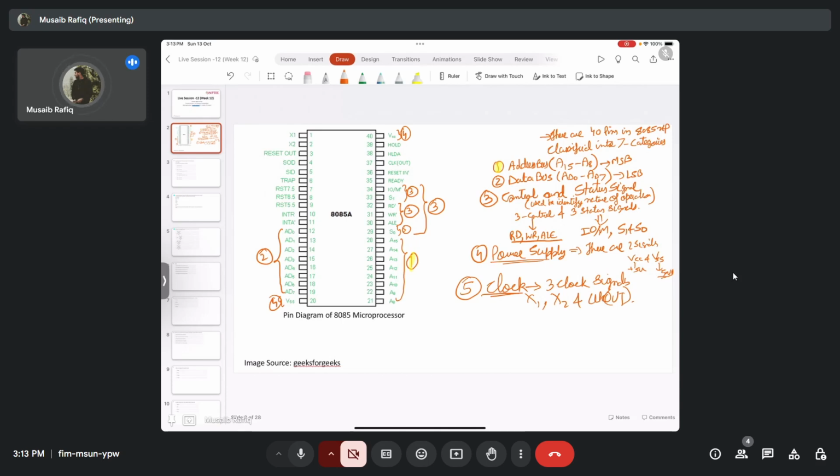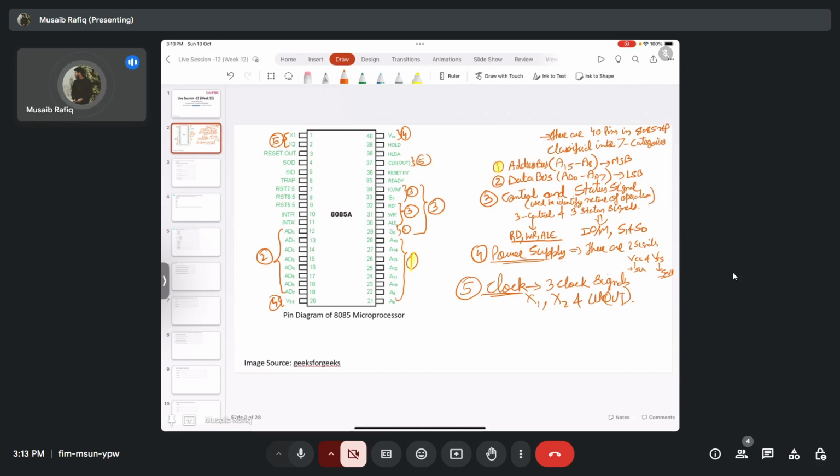X1, X2 are used to set frequency of the internal clock register, and clock out is used as a system clock for devices connected with the microprocessor. So these are right here. Here is clock out, it's right here.